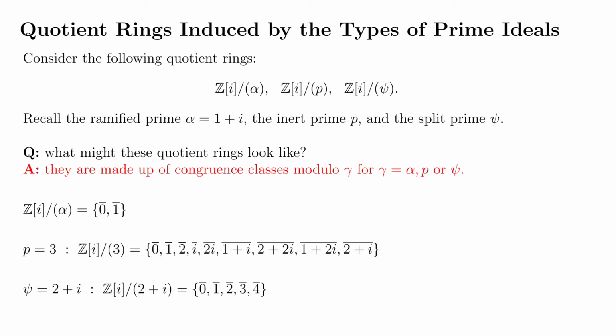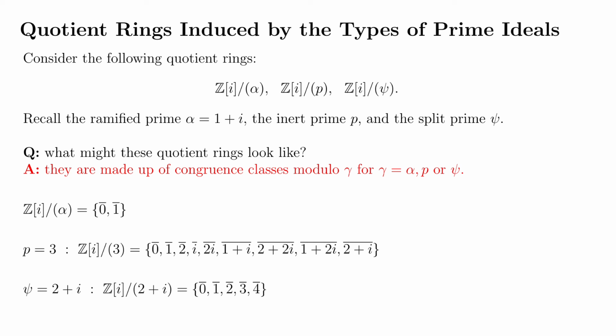They look like congruence classes modulo gamma for the prime gamma. In the case of alpha, this is just 0 bar and 1 bar. And in the rational prime p equal to 3, we have the set listed here. And for the split prime psi equal to 2 plus i, we have just the set 0 bar, 1 bar, 2 bar, 3 bar, and 4 bar.